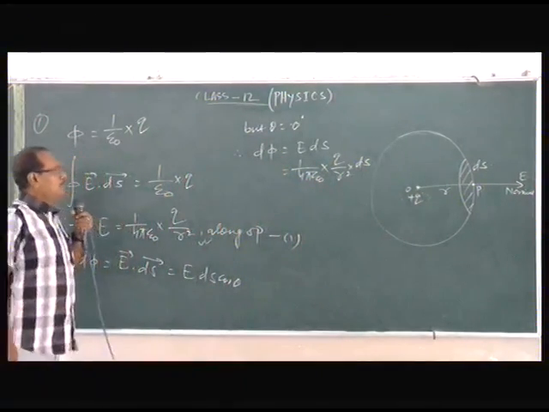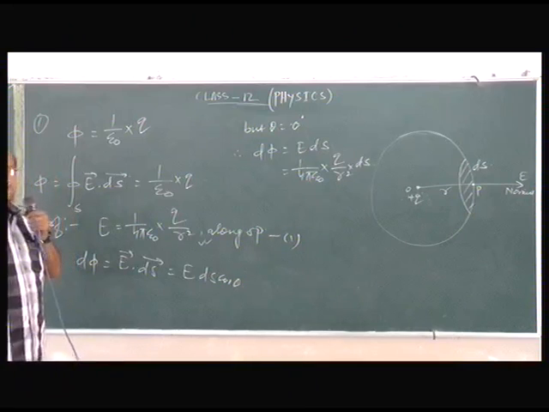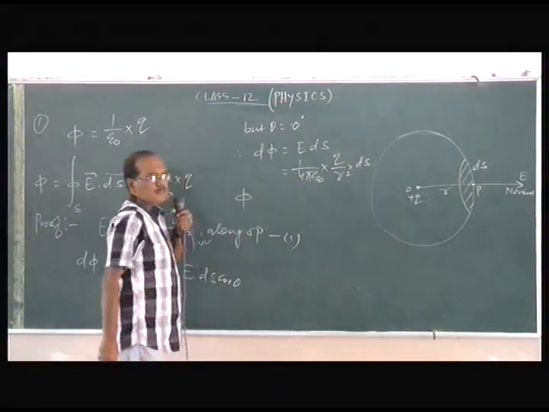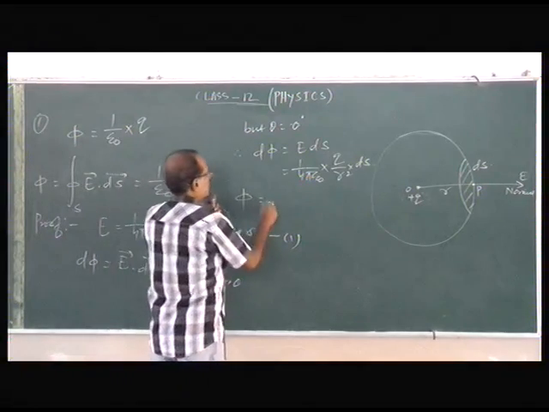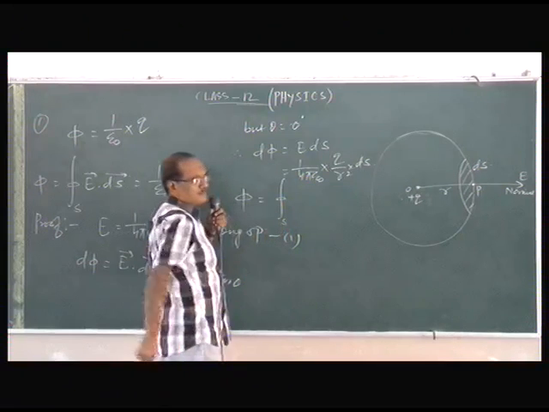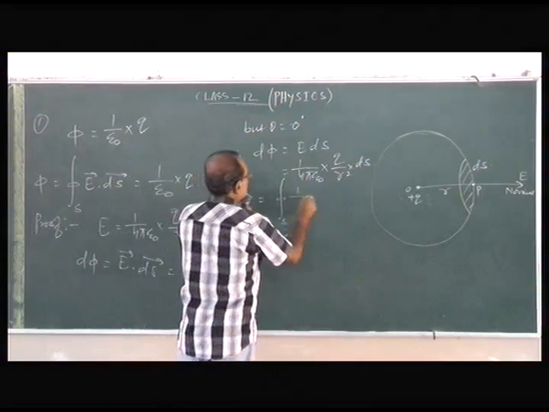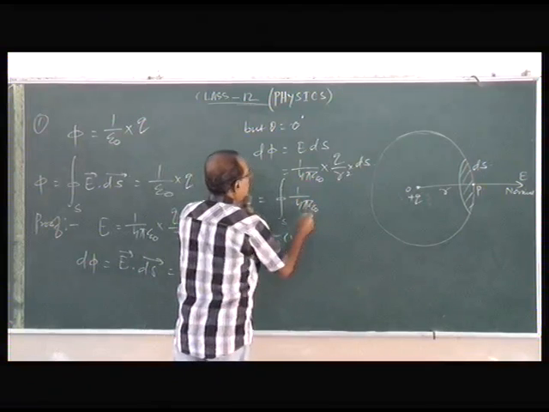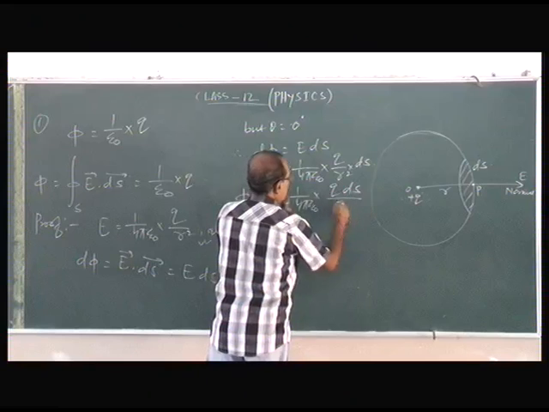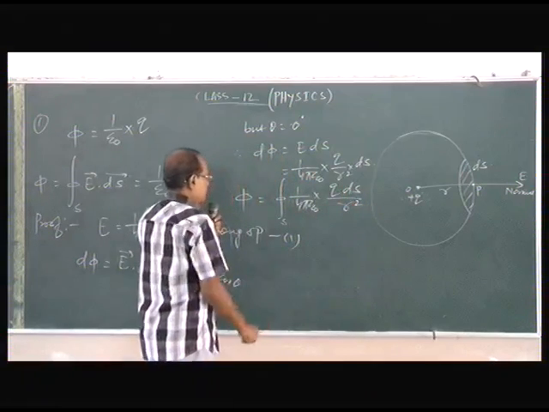Now the total electric flux through the closed surface is phi equal to the integral of 1 by 4 pi epsilon naught into Q ds by R square.